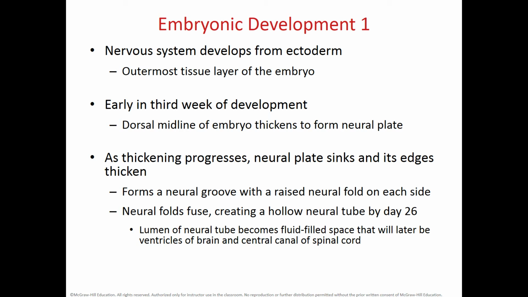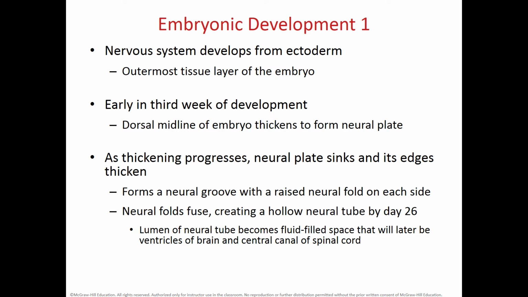So our nervous system develops from the outer layer of the embryo that is called the ectoderm. And then early in the third week of development, within the midline of the embryo, we have a thickening of this ectoderm, and you form what we call the neural plate.